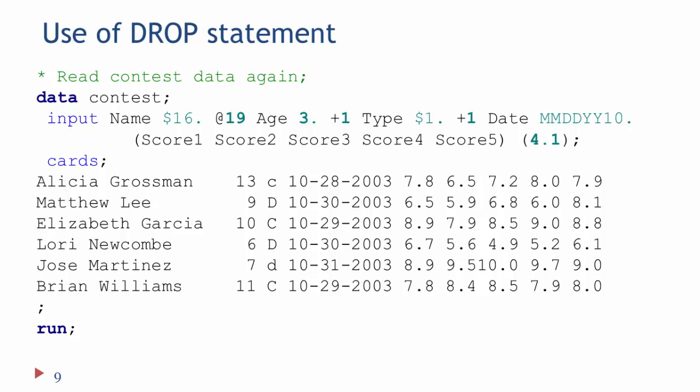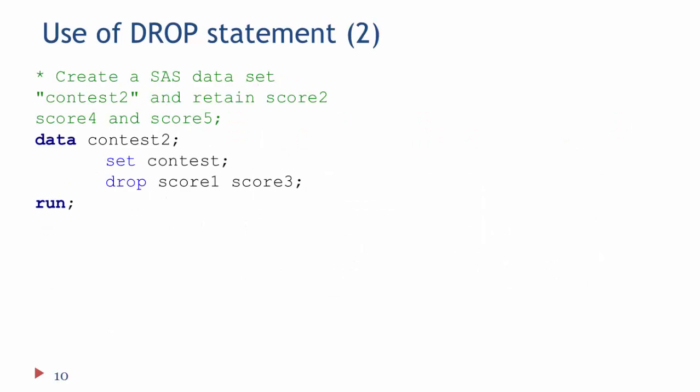So let's consider the contest data again. Read this data in SAS, and then we want to create a sub dataset containing only the variables for score 2, score 4, and score 5. Remember, there are 5 score variables: score 1, 2, 3, 4, and score 5.